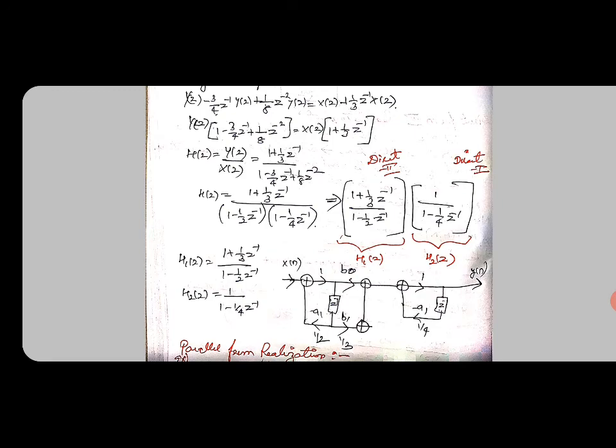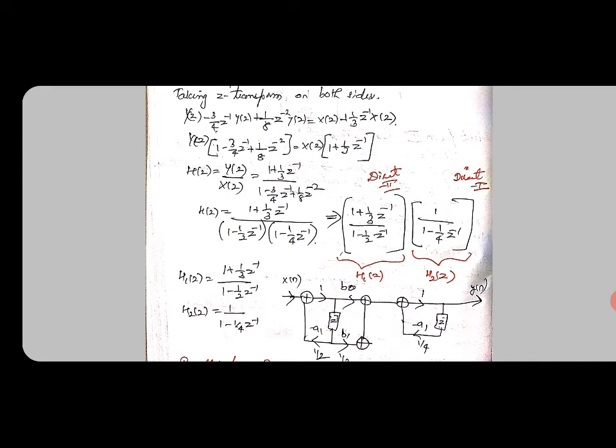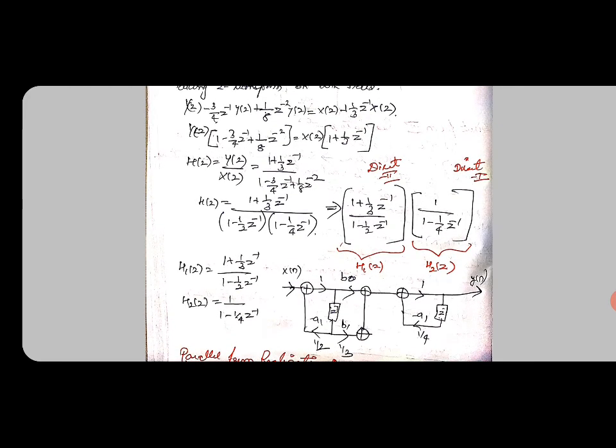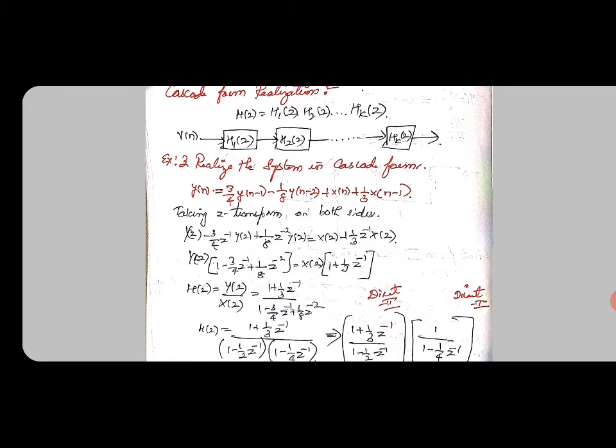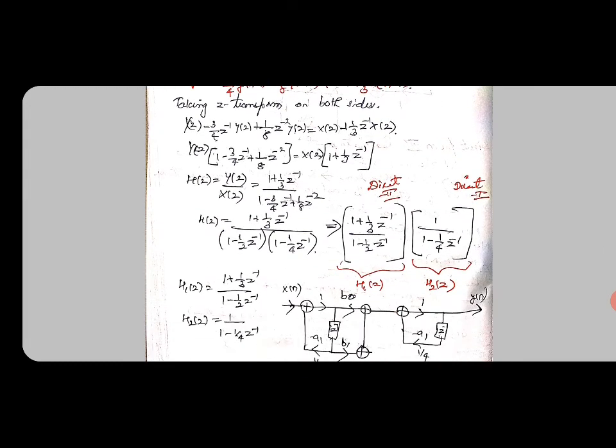In the realization structure, the first one is the direct form 2 realization. In that, for x of n we have two input values, 1 and minus 1 by 2, and in the case of y of n we have 1 and 1 by 3. It is then connected in series, in cascade, to the direct form 1 structure, which is h2 of z.